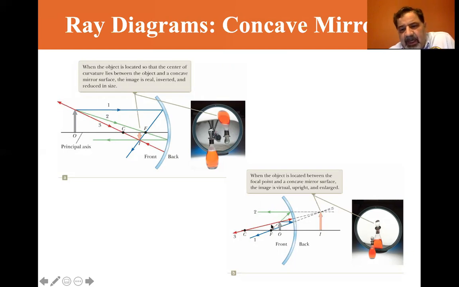The green line goes from the center through the top of the object and then back out. And the third one is from the center to the mirror and back out. And you can see how it magnifies the image, but it's on the opposite side of the mirror, the back side of the mirror.